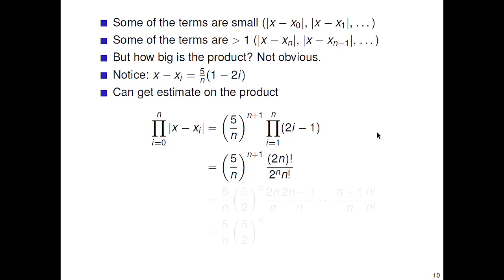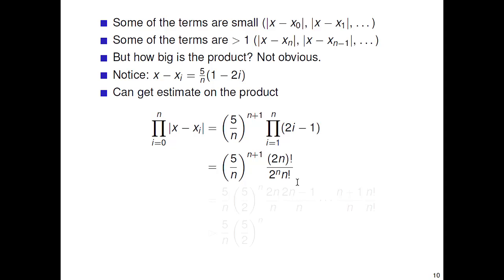Now, what I'm going to do is also include the even numbers in there. So I had my 2n minus 1, my 2n minus 3, and so on. I'm going to also multiply both the numerator and the denominator by the even numbers, 2n, 2n minus 2, 2n minus 4, and so on. So what happens? In the numerator, now I have the product of all the integers up to 2n. That's 2n factorial.